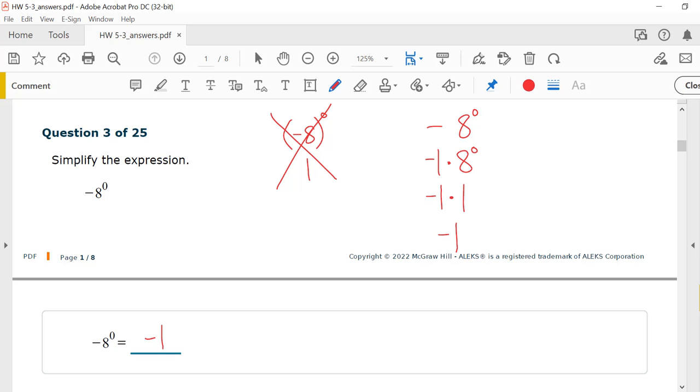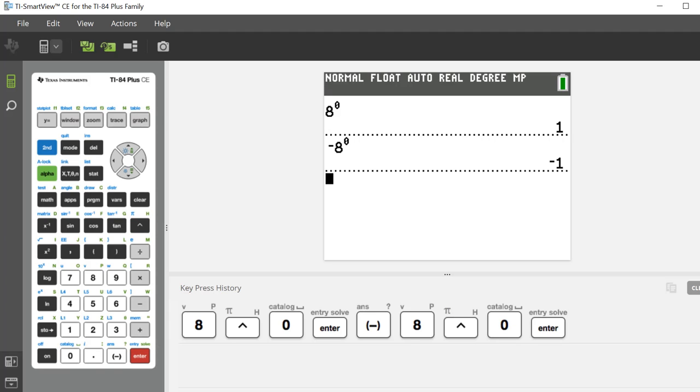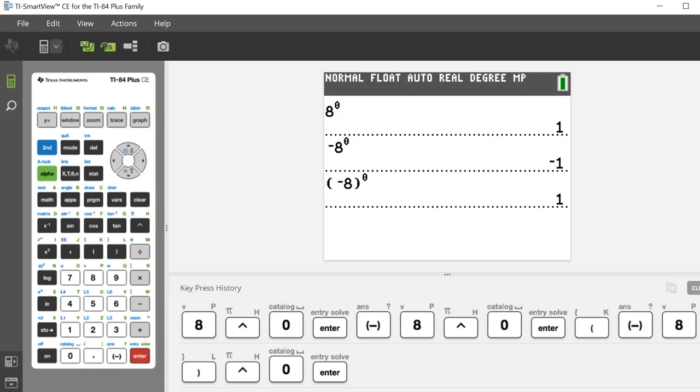So this answer is negative 1. Now watch, your calculator knows the difference. Negative 8 to the 0 is negative 1. If it had been negative 8 in the parentheses to the 0, that would be just 1.